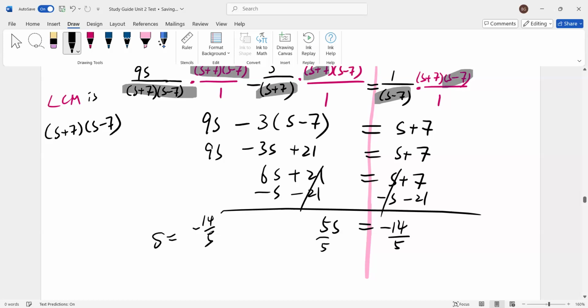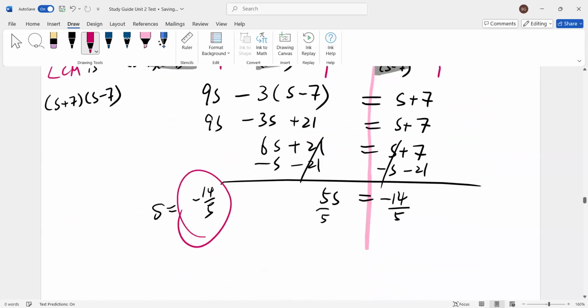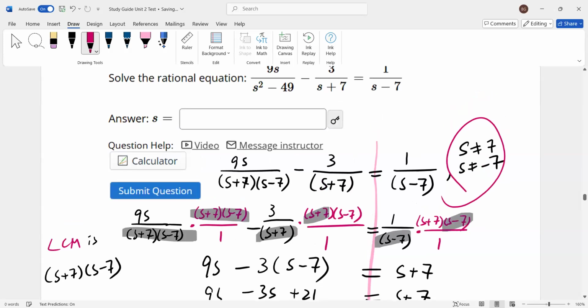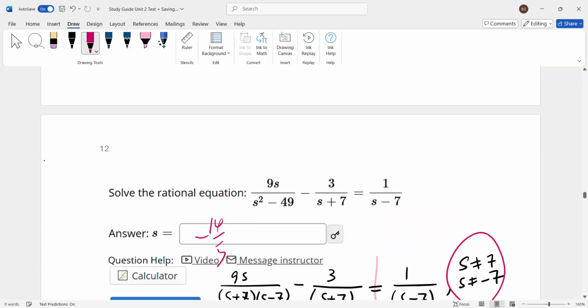Okay, it's correct. This is the proposed solution. And the last step is to compare the proposed solution with the excluded values. When we do not see any contradiction, this proposed solution is not 7 or negative 7, so we keep it. The solution is going to be negative 14 over 5, right? This is question number 12. Let's keep going.